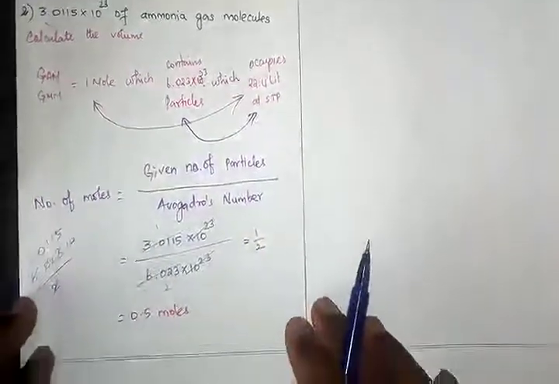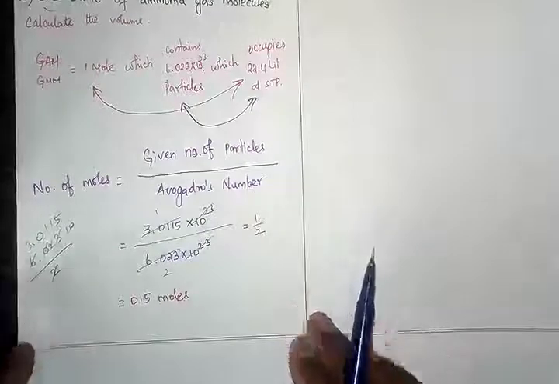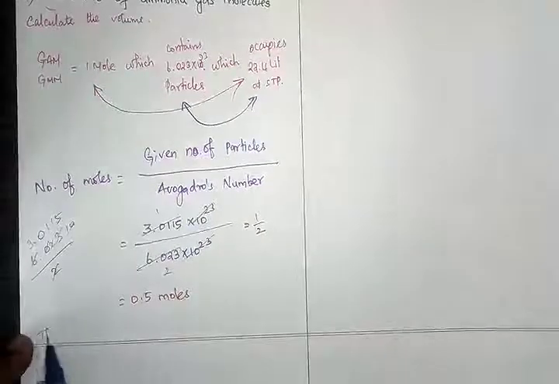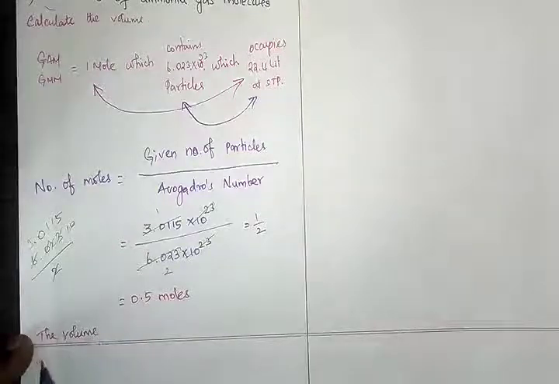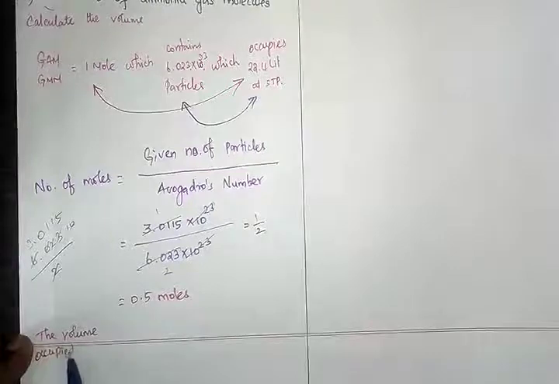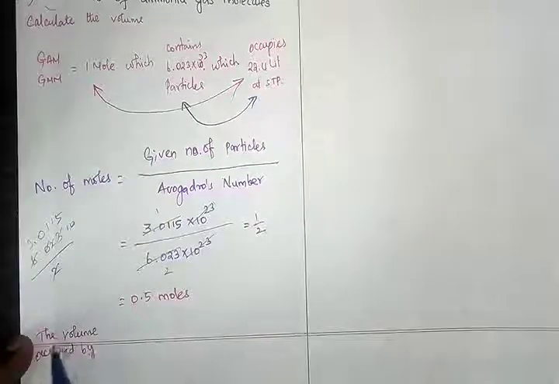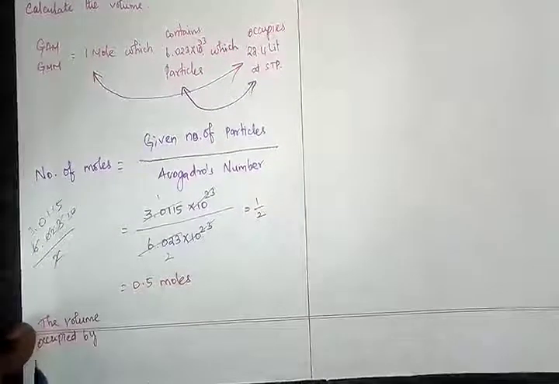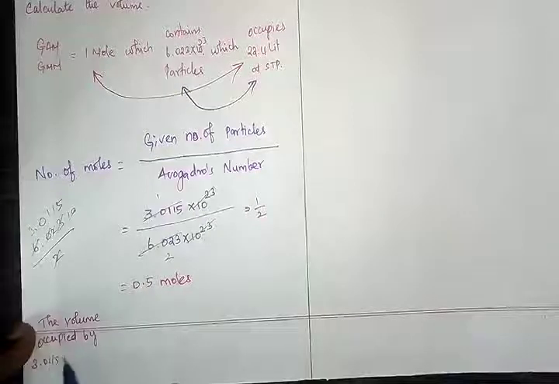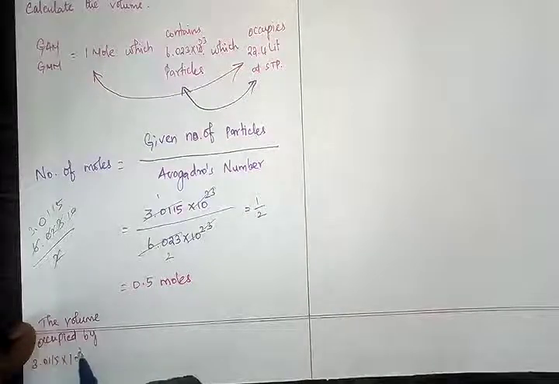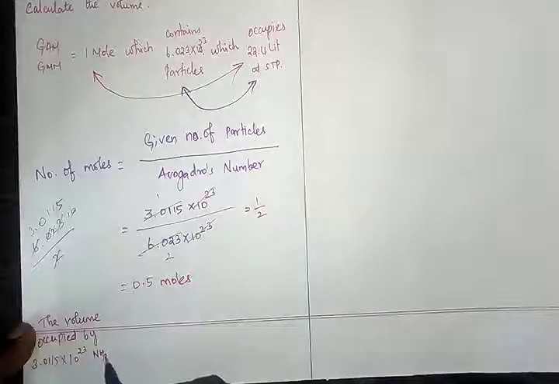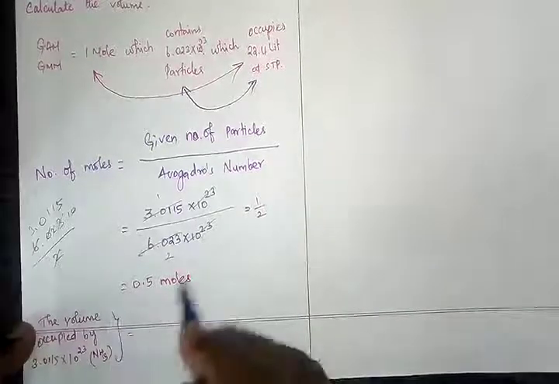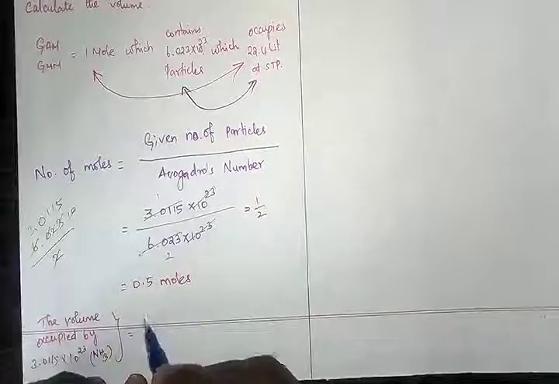Right? So now the conversion of this to this is simple. So tell me how to calculate the volume now. Very simple. The volume occupied by 3.0115 into 10 to the power of 23 ammonia is equal to, so what is the formula?